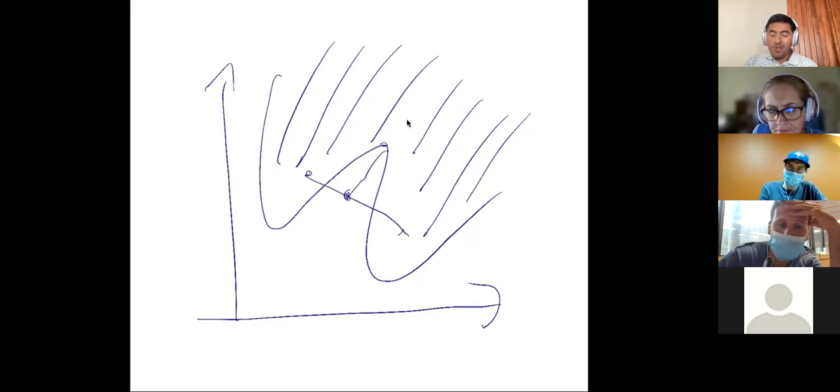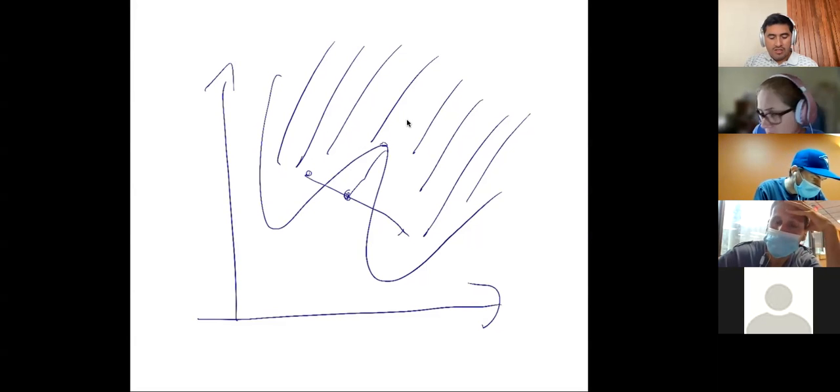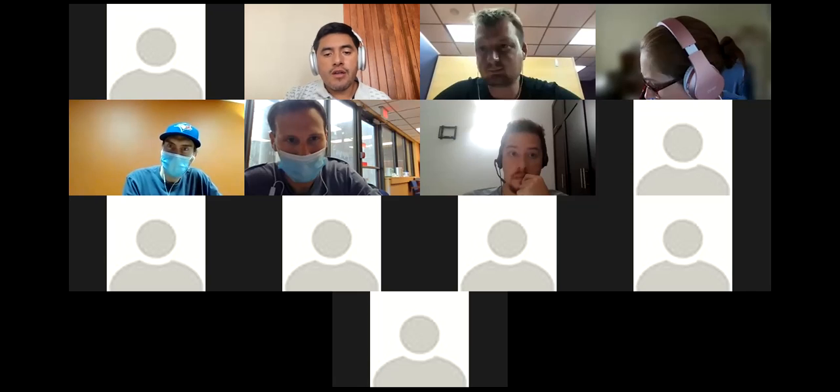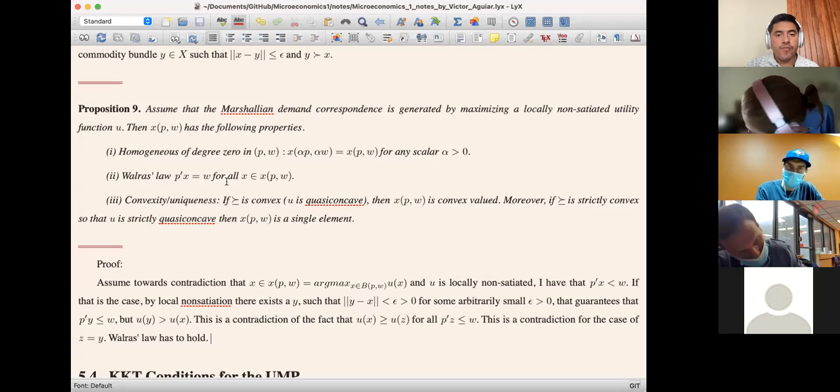This object is no longer in the upper contour set, right? It's below, okay? So this is, of course, not convex. So this is a non-convex object, okay? Good, good. Thank you, Matt. That was great. Now stop sharing. Let's go back to our screen.